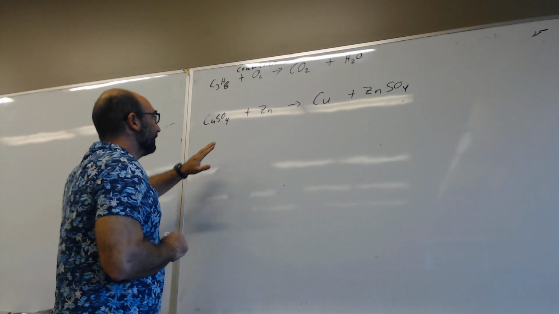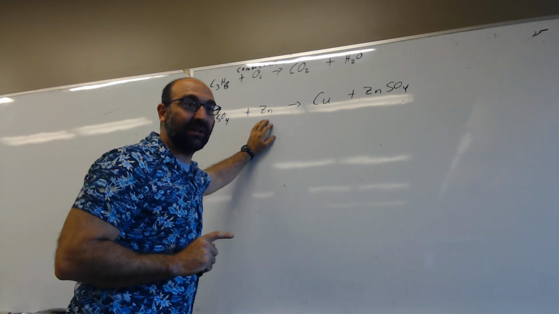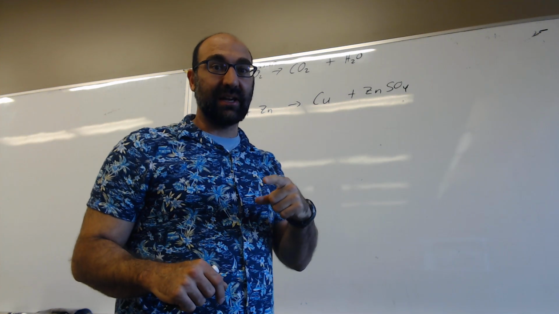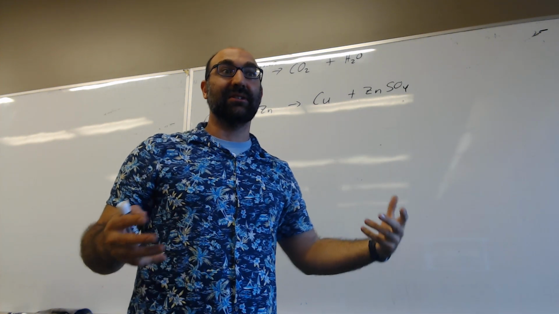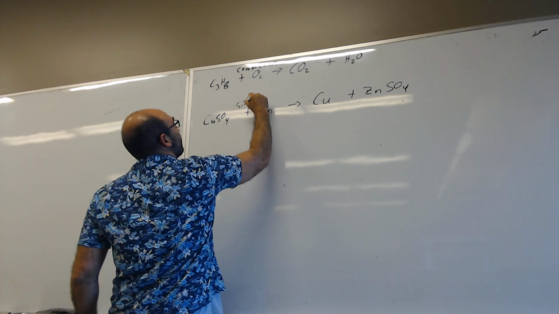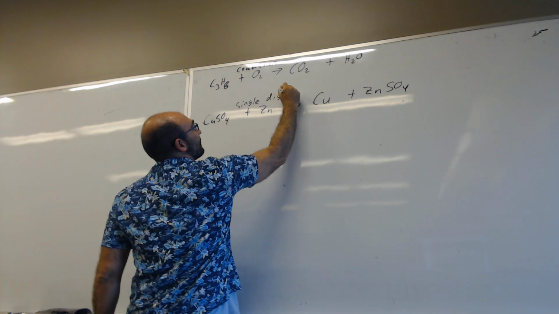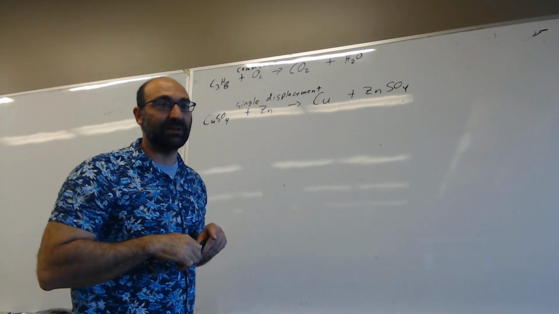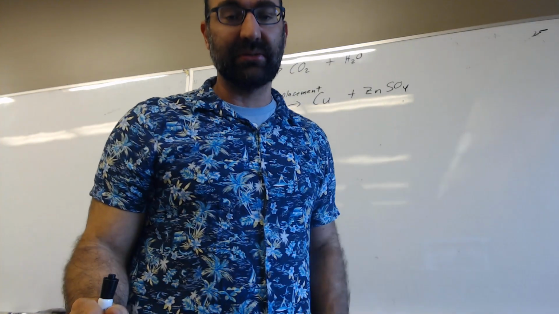If you replace one thing, what are you replacing? One thing is a single thing, like a single pretty on your own. You've been replaced. This is a single displacement reaction. I'm not going to write the word reaction. These are all reactions, so hopefully you can do that on your own. This is a single displacement reaction.